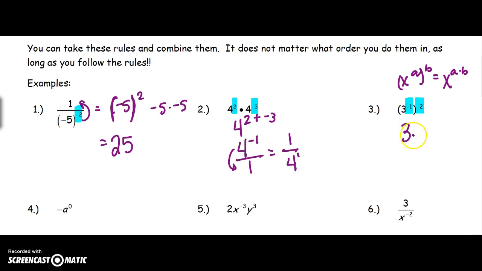Our base stays the same, but when you multiply this, it becomes a +2. So a +2, those negatives are gone, and all we have to do is simplify. So you have 3 times 3, which is 9. It is not 6. Remember, it's not 3 times 2. It's 3 times 3. 3 times itself twice.